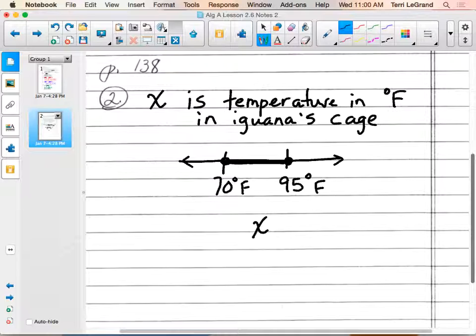What does and mean? It means you have to have all the ones that work for both of them, right? So in other words, it has to meet both conditions. So if it meets both conditions, it's greater than or equal to 70 and greater than or equal to 95, then it would meet both of those conditions. It would be shaded from 70 all the way on to the right.